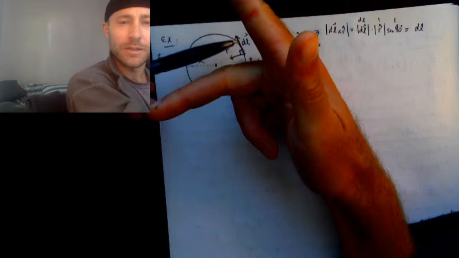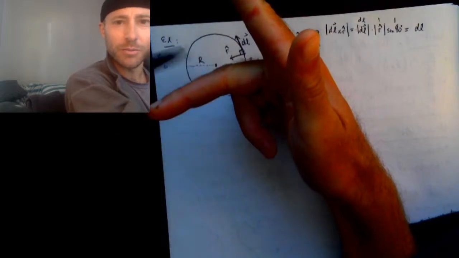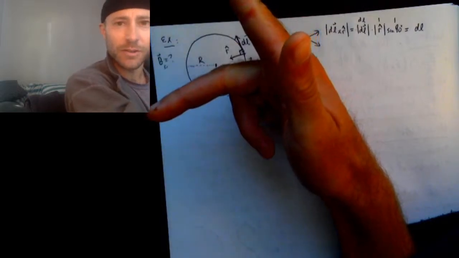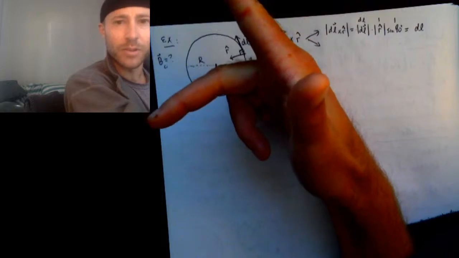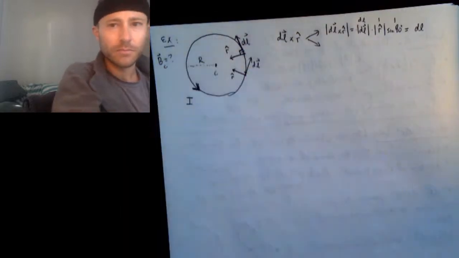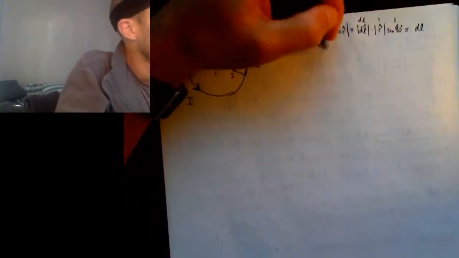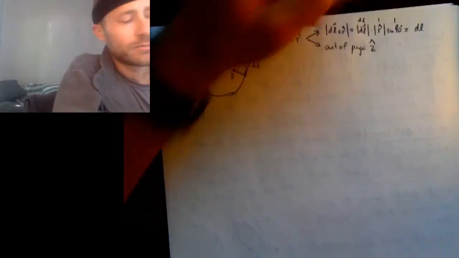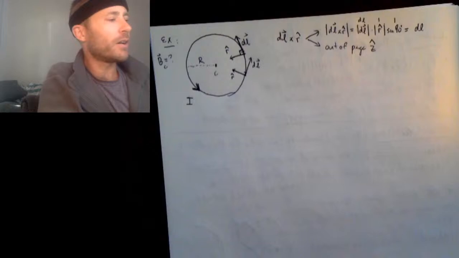That's the perfect vantage point for you to see that I have it done correctly. And then my thumb points out of the page, out of the page in the z hat direction. So z hat is what we're going to call out of the page.